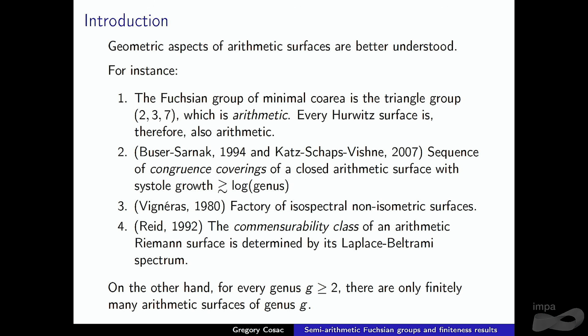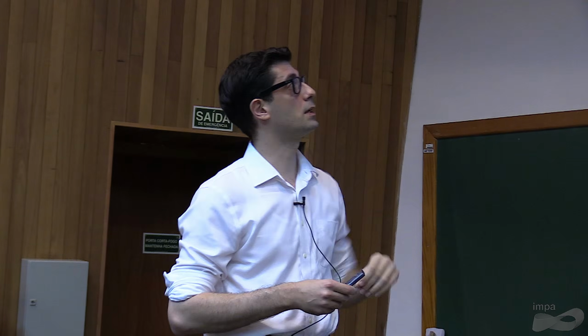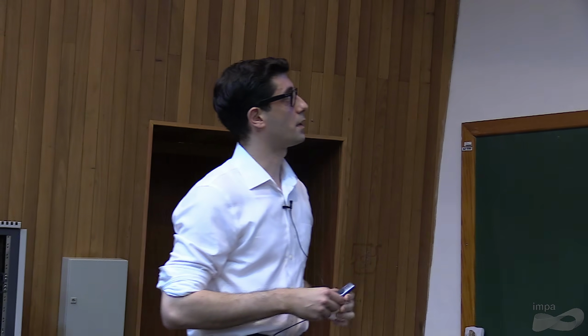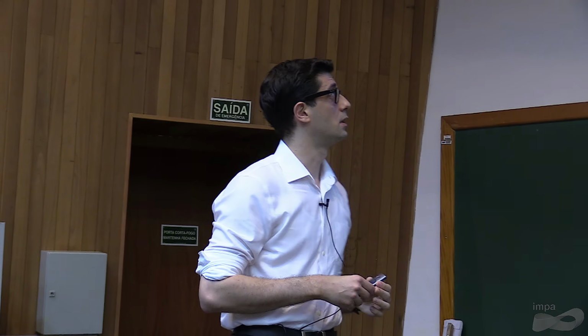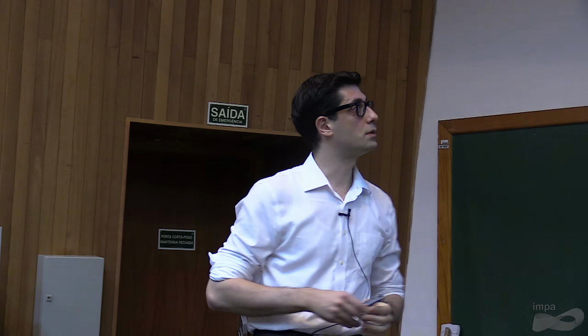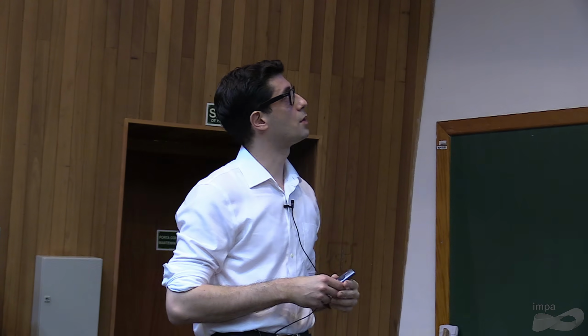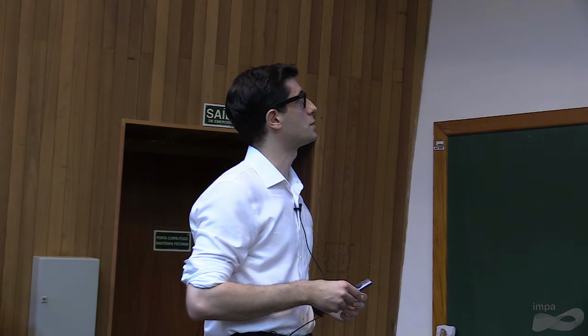And the systole, which is the length of the shortest closed geodesic in a surface, is growing asymptotically with the logarithm of the genus. And that kind of growth is optimal up to a constant. So there's something that is known for arithmetic surfaces.